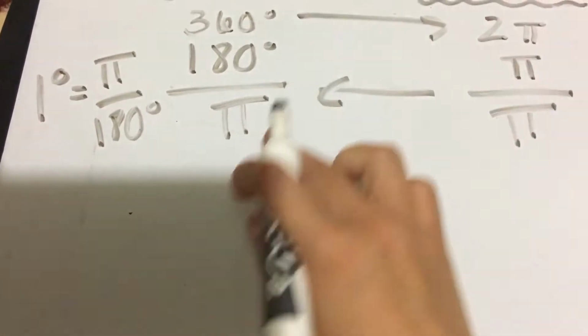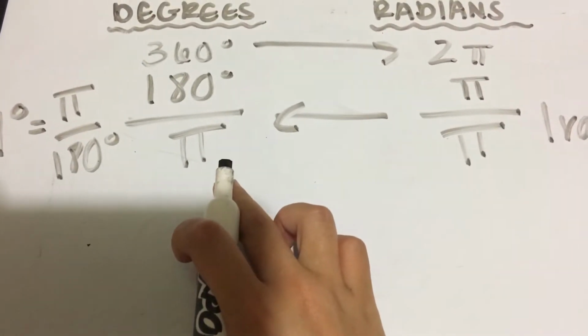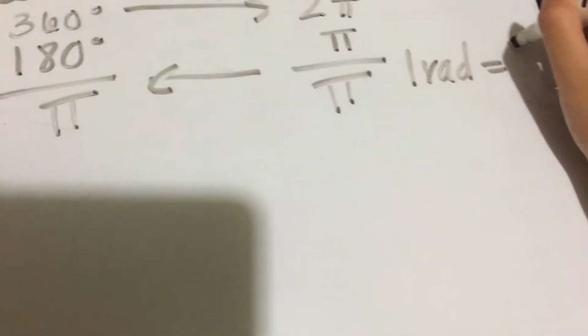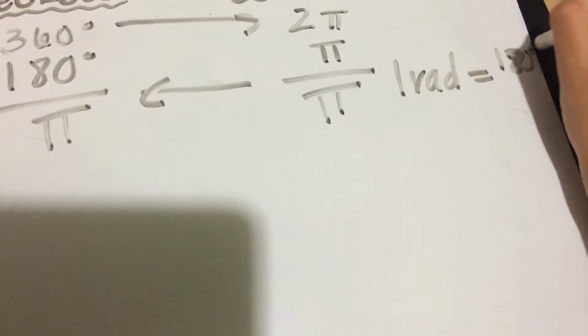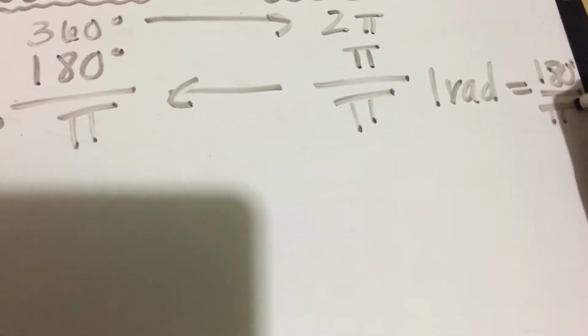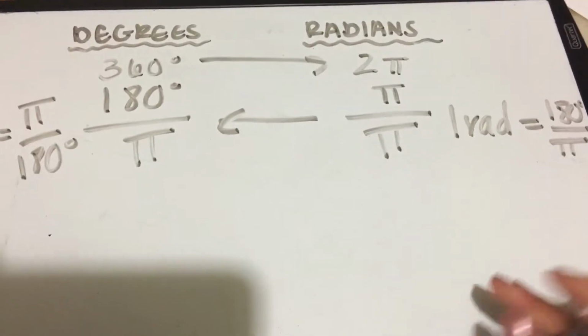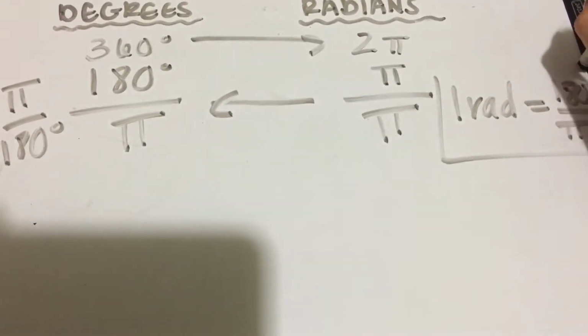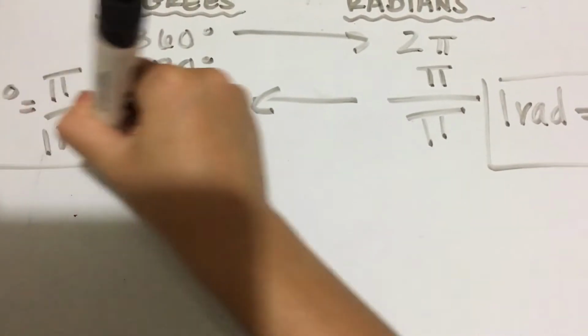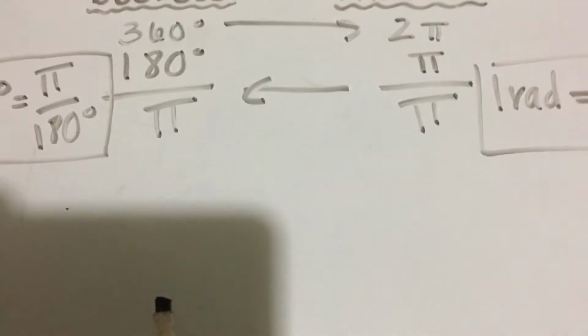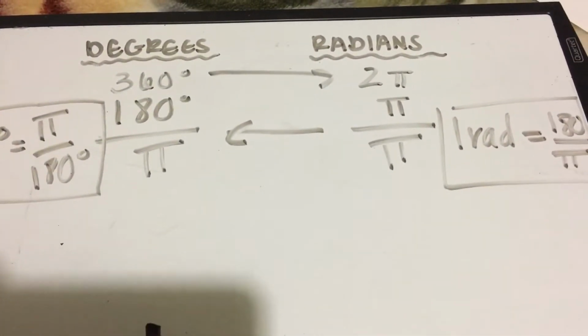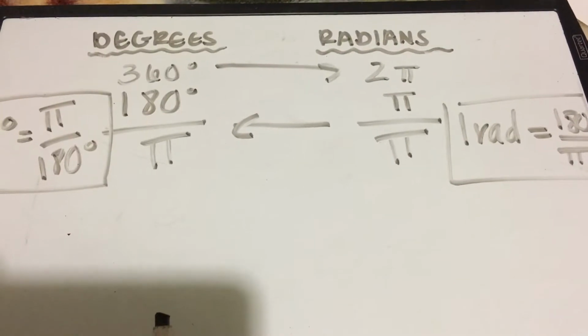Look to the other side, and we're left with 180 degrees over pi, which is our conversion factor for radians. With these two conversion factors, we can basically convert between any set of degrees and radians.